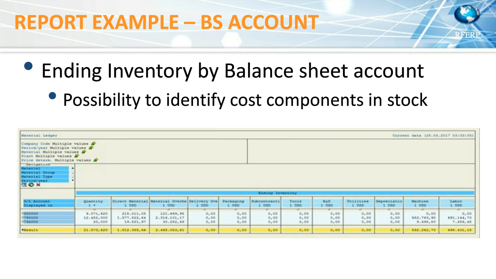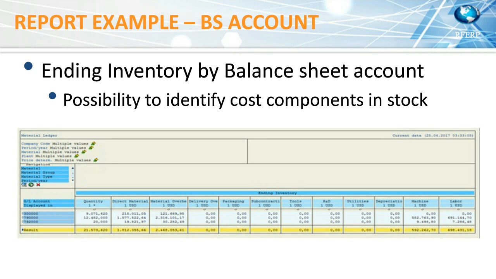As I said, we can achieve the end inventory by balance sheet account. So imagine you go to the controller and he checks the finished good account, and then he asks how much of this specific raw material I have in inventory. With this report, you can easily explain.